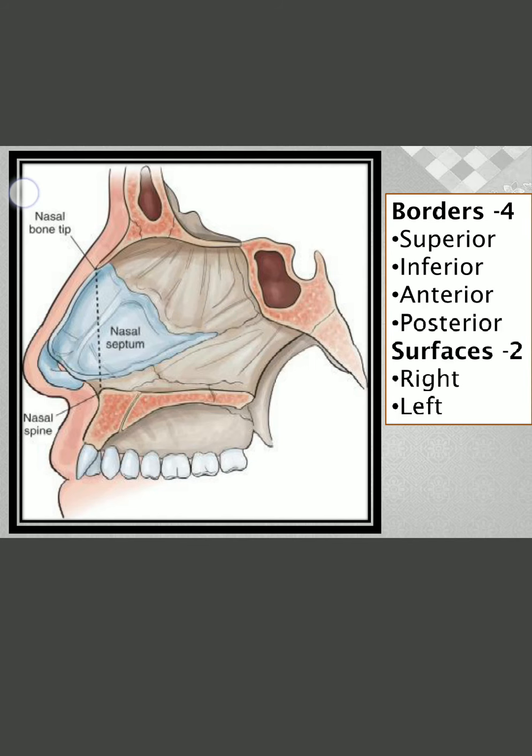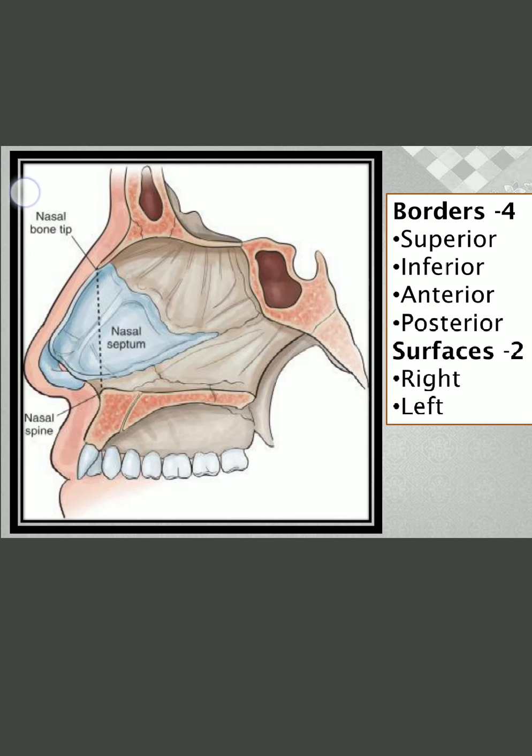The nasal septum has four borders and two surfaces. So it has the superior border, inferior border, anterior border, posterior border. These are the borders of the nasal septum and it has a right surface and on the other side it has a left surface.